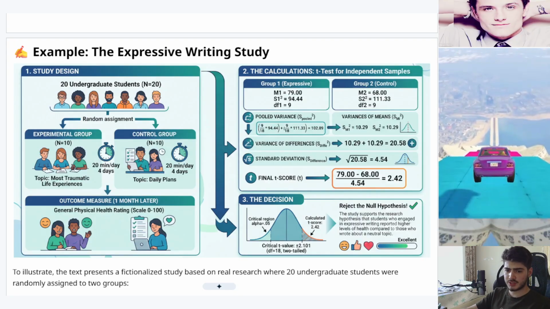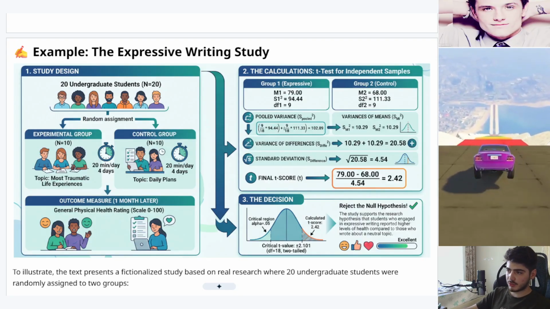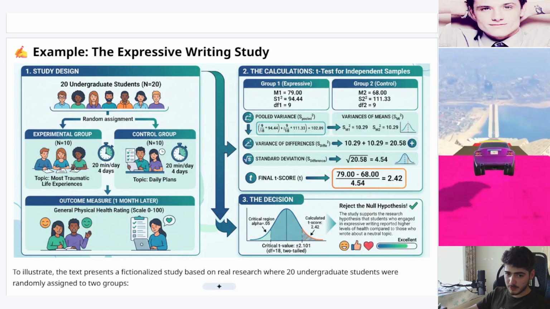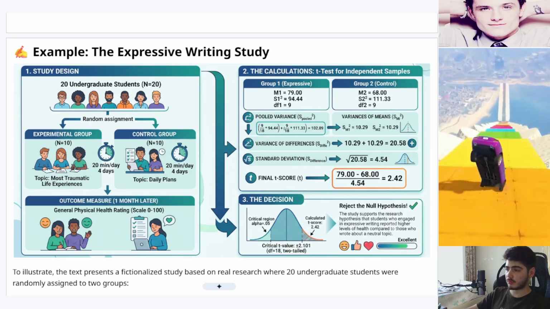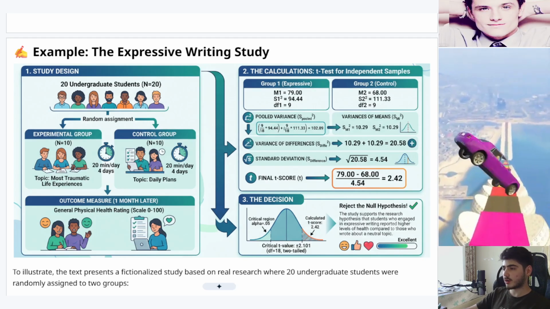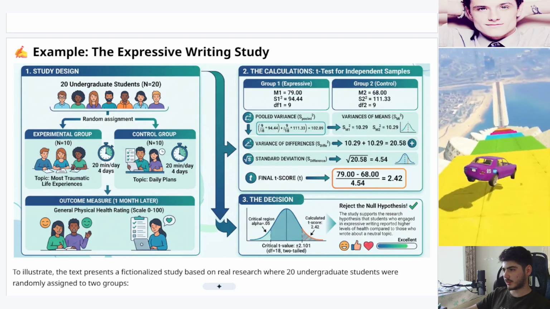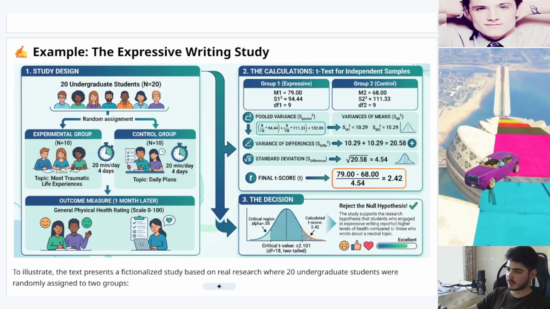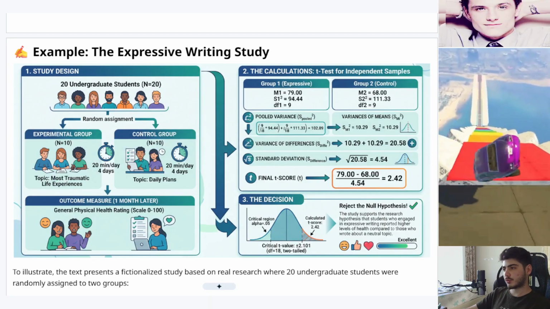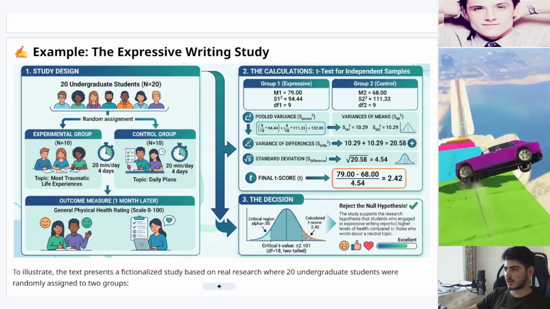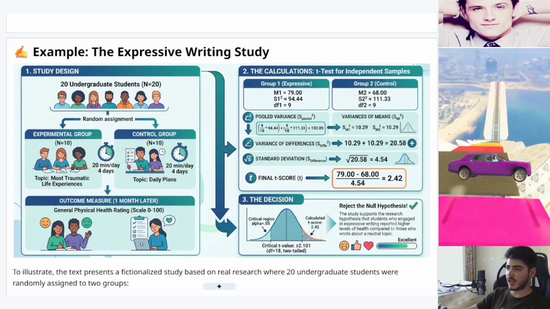The reason it's the same is because the degrees of freedom on both sides are the same. Therefore, the sample sizes are the same. They are 10, definitely. So when you divide this by 10, you get 10.29. And of course, we add the variances together, and then it's 20.58.